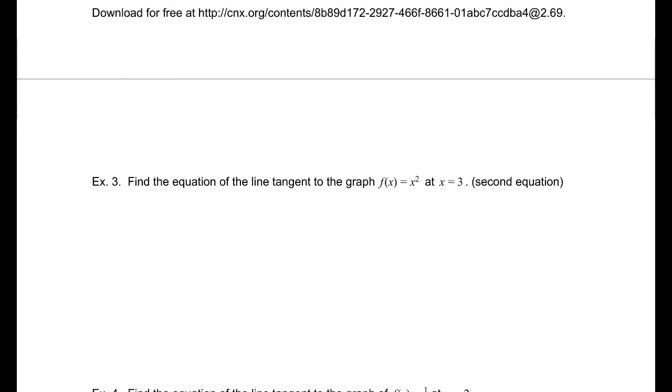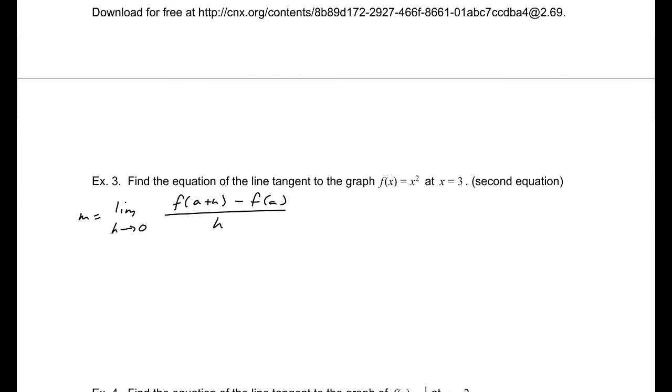So my slope is the limit as h goes to 0 of f of a plus h minus f of a over h. So if I plug in a plus h, okay, a plus h squared is a squared plus 2ah plus h squared.